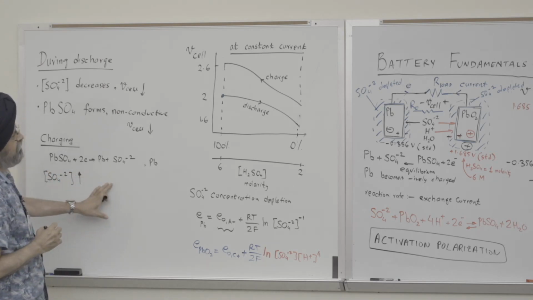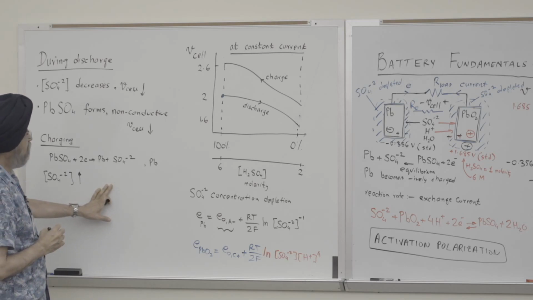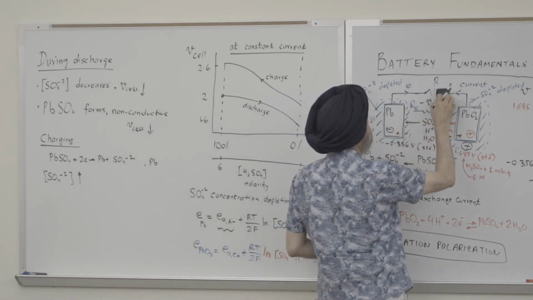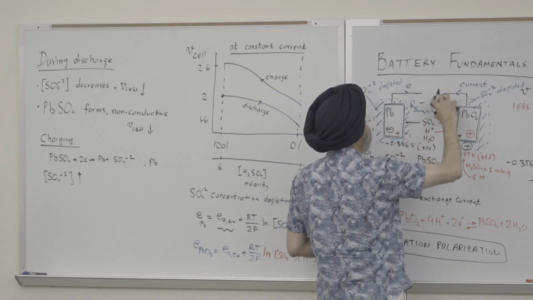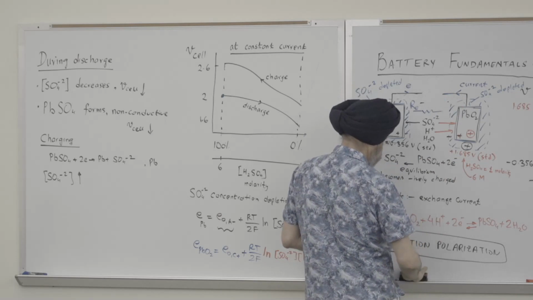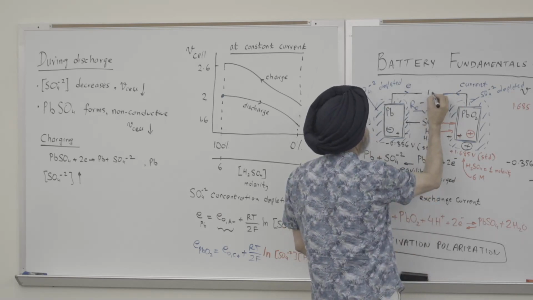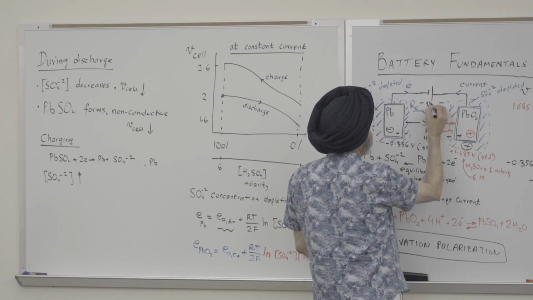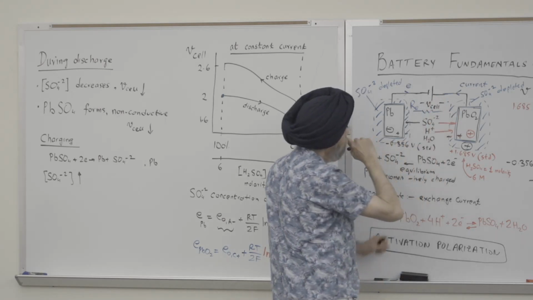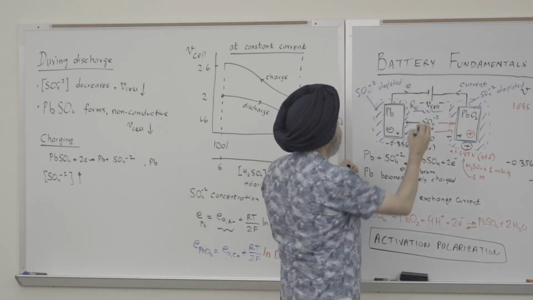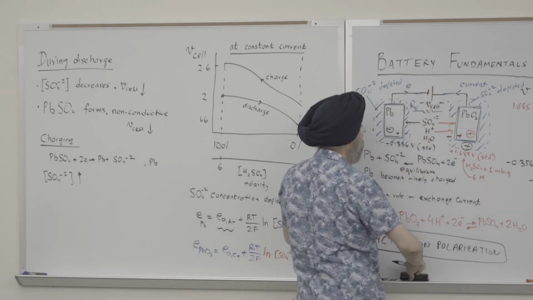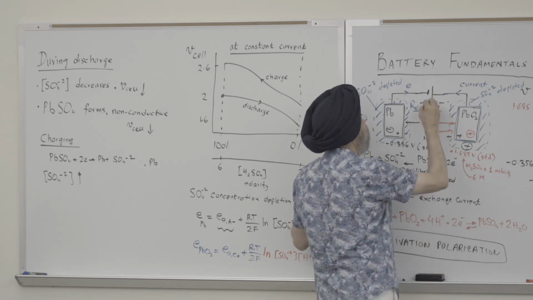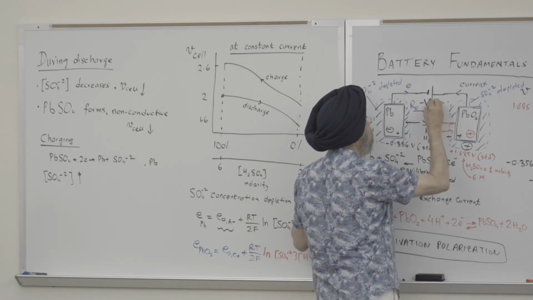But before that, since we're dealing with charging, let me change this to a charging source. So here's a source, and this is a V cell. But now we are applying a voltage, so instead of small v, let me make it capital V, which means I'm applying a DC voltage over here.